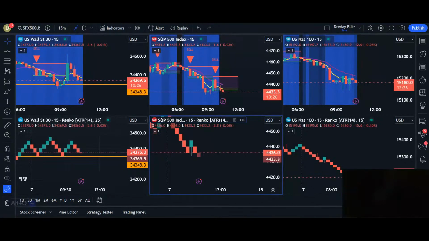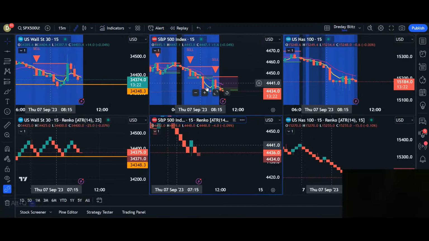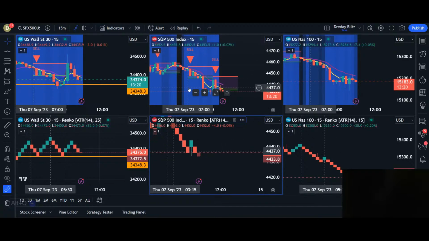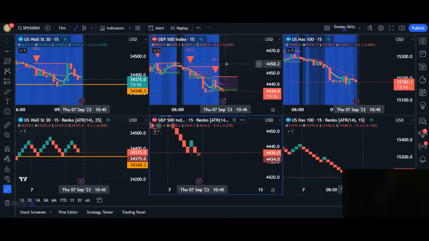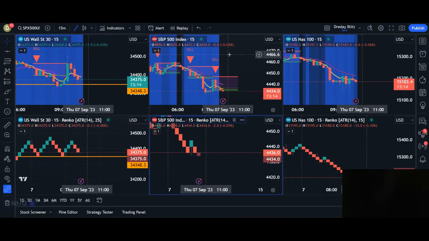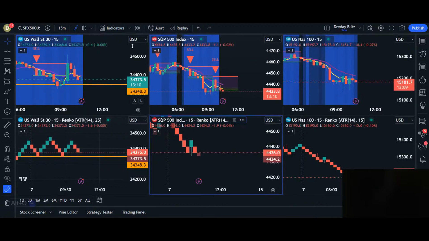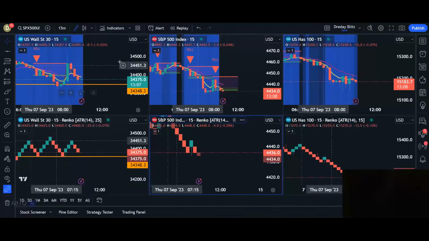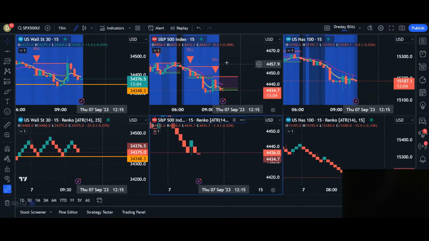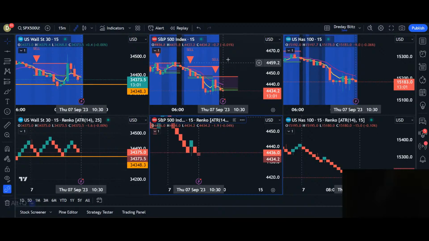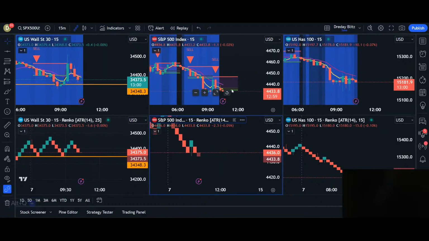So the 10:30 candle is open. The S&P 500 here opened under the previous candle, so we'll see if it's going to continue down. But as we can see, there's not a lot of volume right now. The reason is that if you look at the color in the back, it's not vivid.